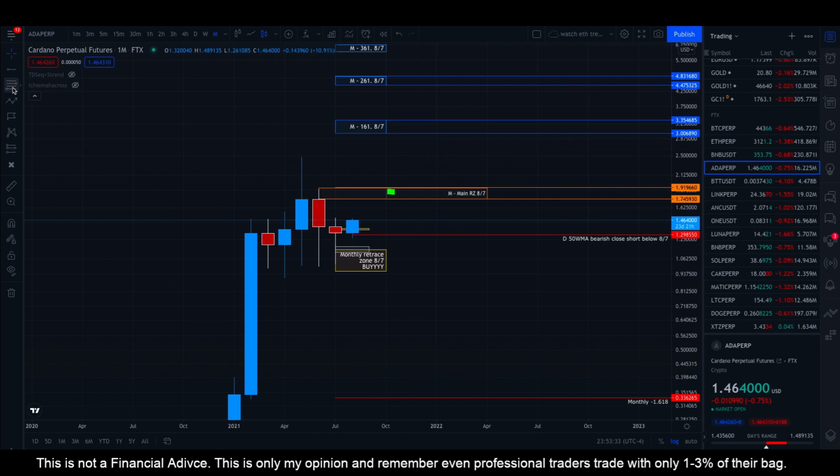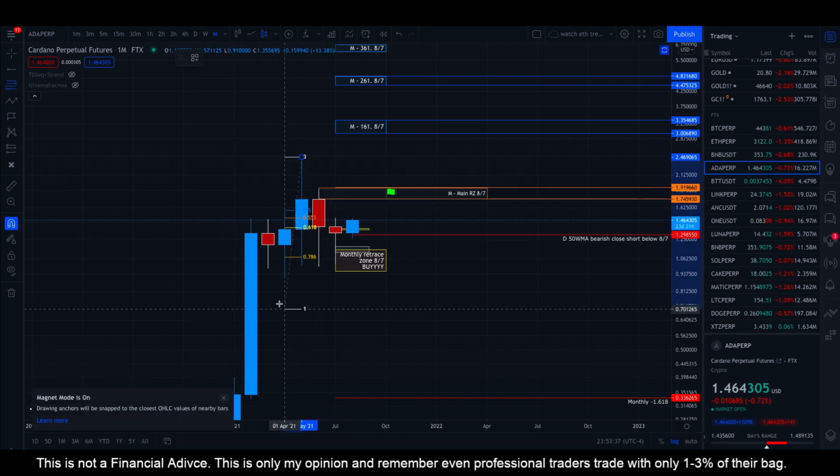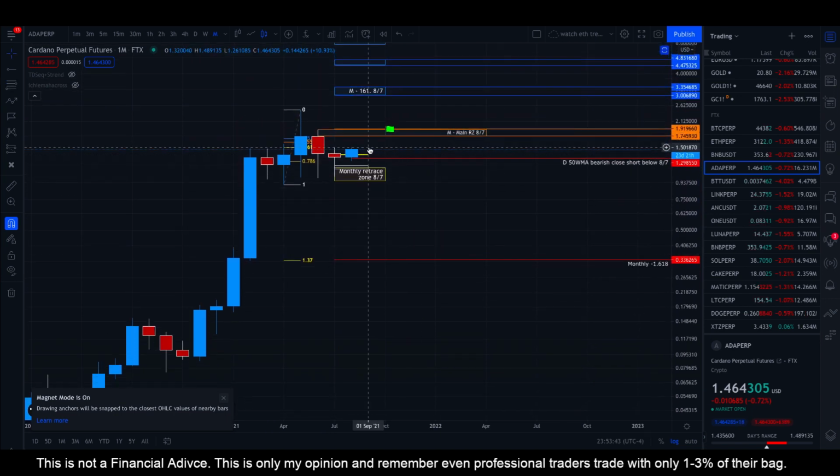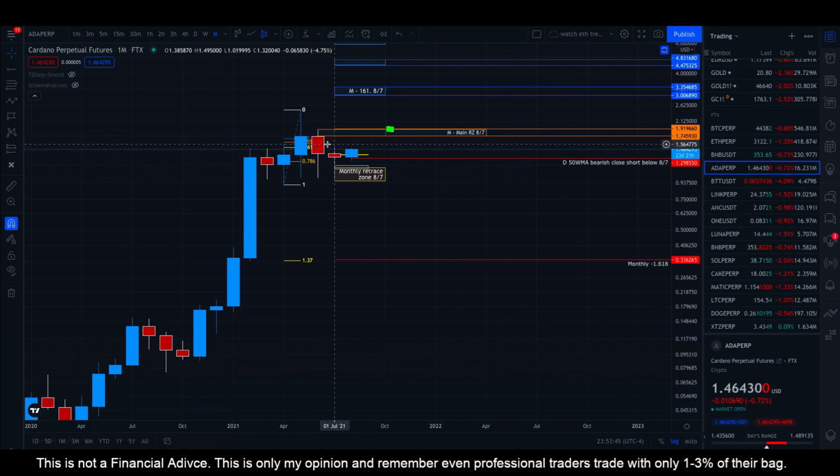Now the way I got the yellow box, I measured the Fibonacci level of this move here. You see that the 618 is right here, and we are below the 618, which is bearish.